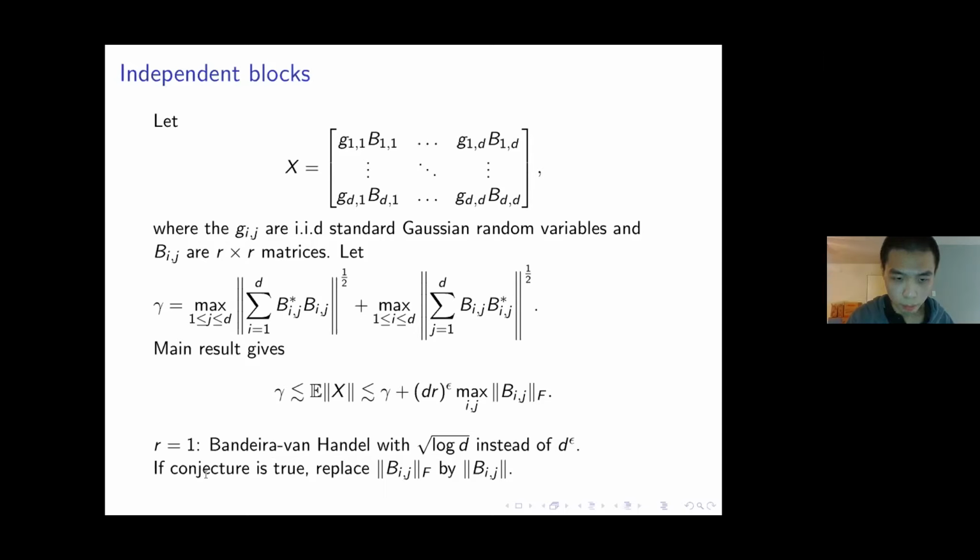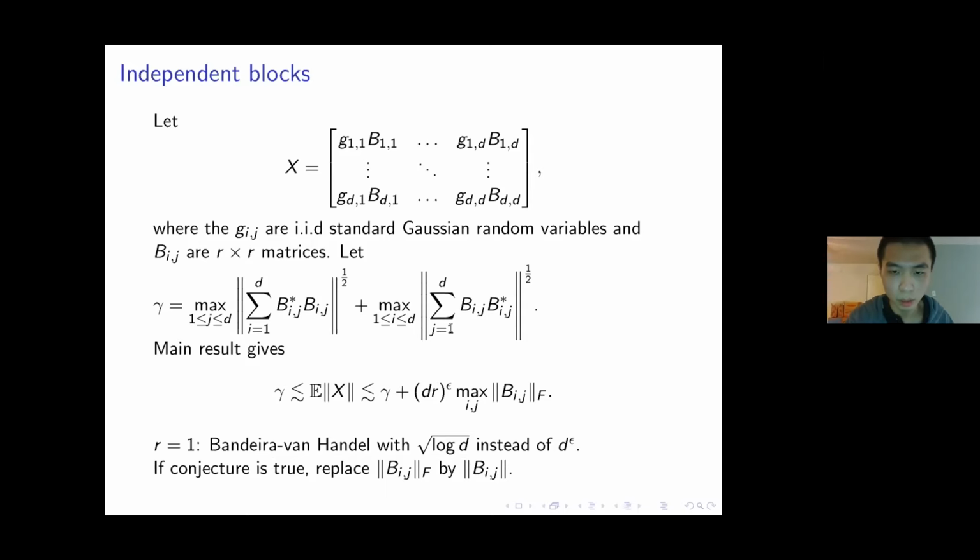But if that conjecture that I showed you in the previous slide is true, then we can replace this Frobenius norm by the spectral norm. And that would be very good because, in general, this one would dominate the norm of this, even with this d to the power epsilon.